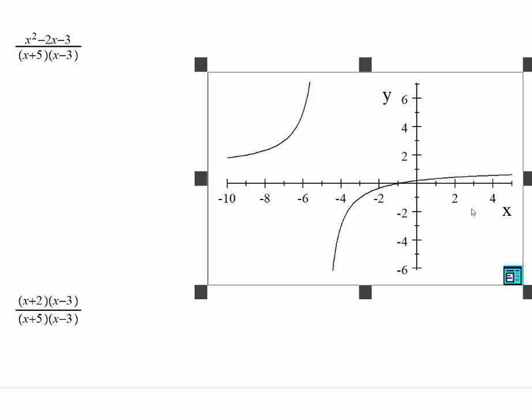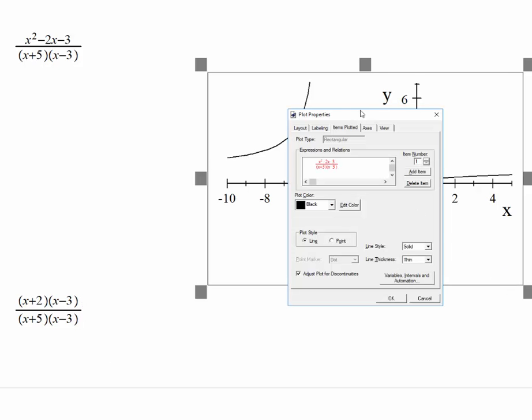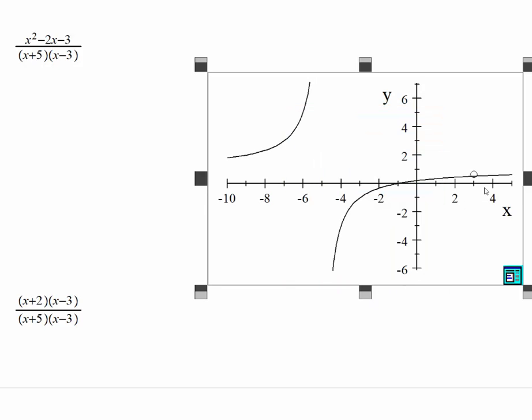So at x = 3 you should have a hole rather than a vertical asymptote. Of course, this function cannot be continuous there. Since this grapher did not show us the hole, we can plot it ourselves. You may not be able to do this in the calculator, but here we can. So let's put 3 here and 3 here, which gives 5 over 8. So there's a hole at x = 3.